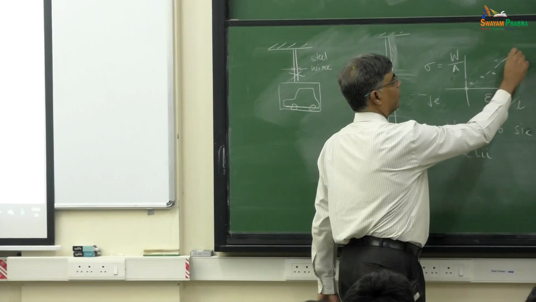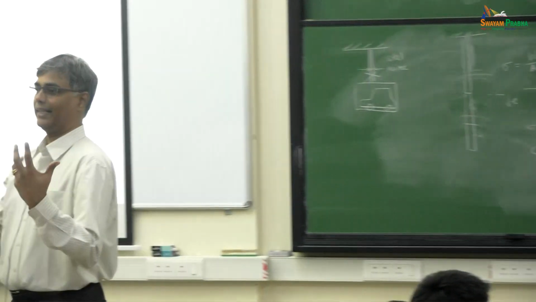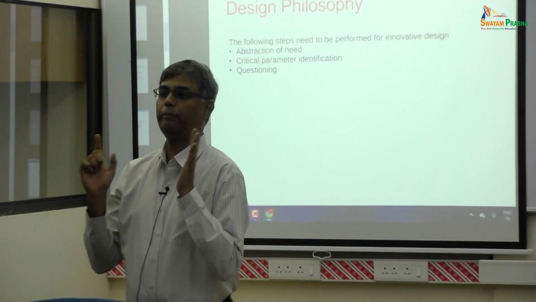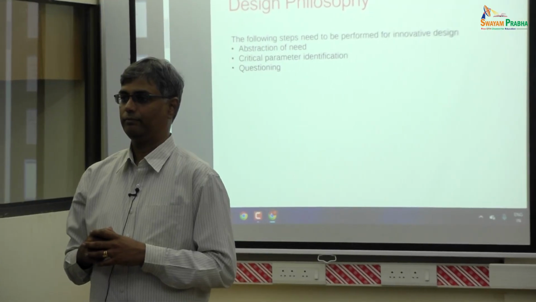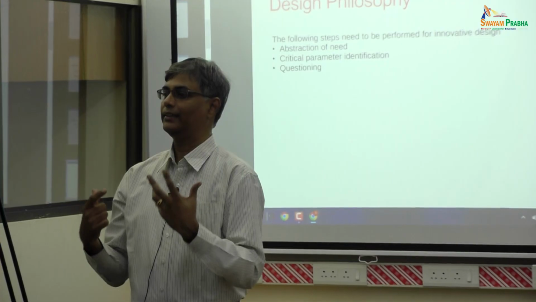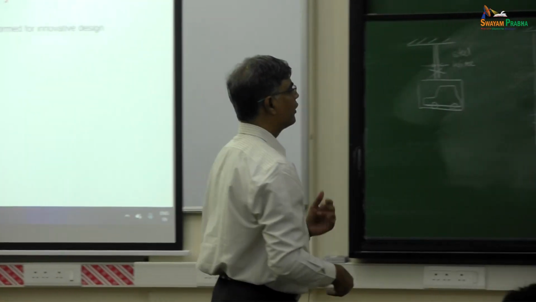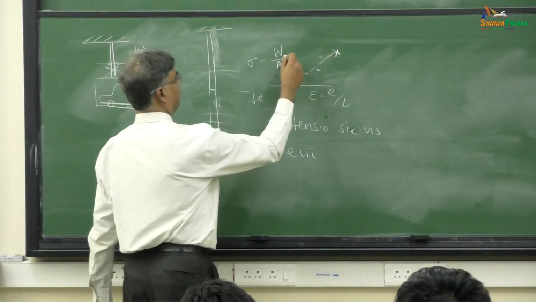We need to find out what is this failure point, at what point will something break. That also comes from experiments. For a given material, there will be some stress at which this material will fail. You should get a feel for some materials.